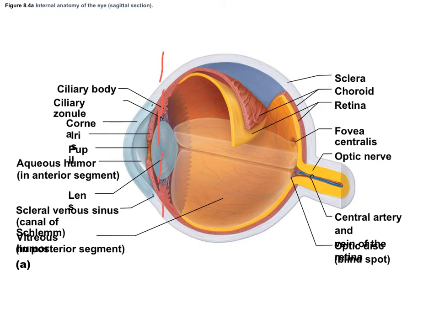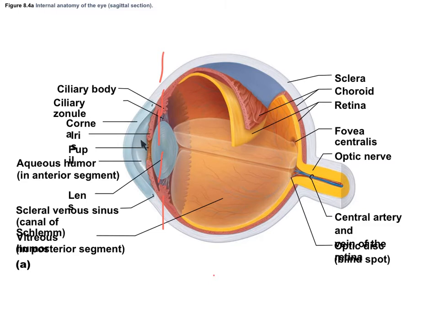So we have this lens. A couple different parts, right? We have the ciliary body, a muscle that holds the lens in place. This is the lens. This is where the pupil would be.